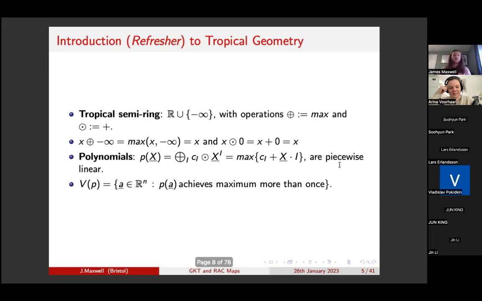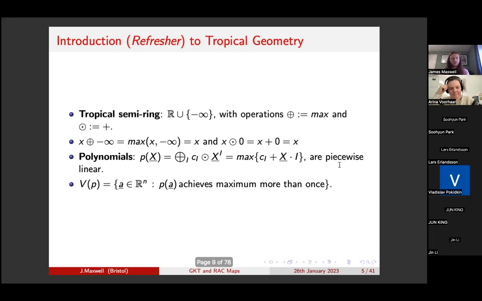There's many different definitions or ways to view roots, but the one I'm going to talk about today is points in a variety where the maximum is achieved more than once. We have the isomorphic tropical semi-ring using infinity and min rather than minus infinity and plus, but this is what I'm going to stick to today because it maps to the hyperfield way of thinking quite nicely.